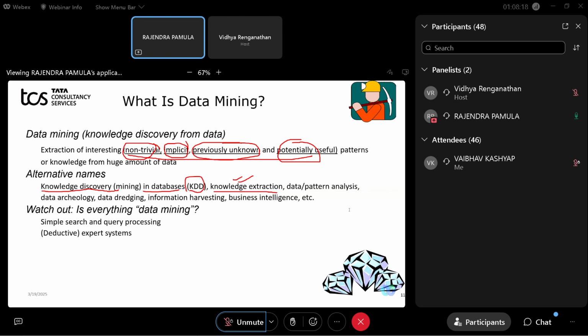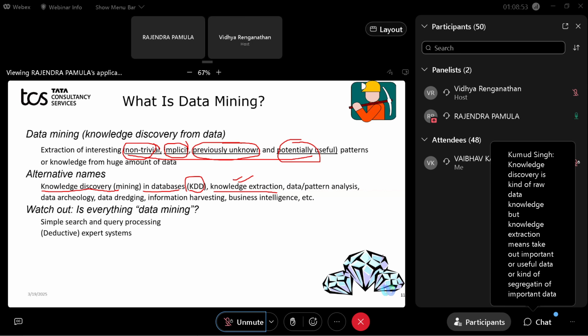Discovery is a full process, finding insight hidden in a lot of data, and knowledge extraction is like picking useful pieces of all the data. Data mining focuses on the extraction process of patterns and insight from large databases using algorithms. Fine, okay.